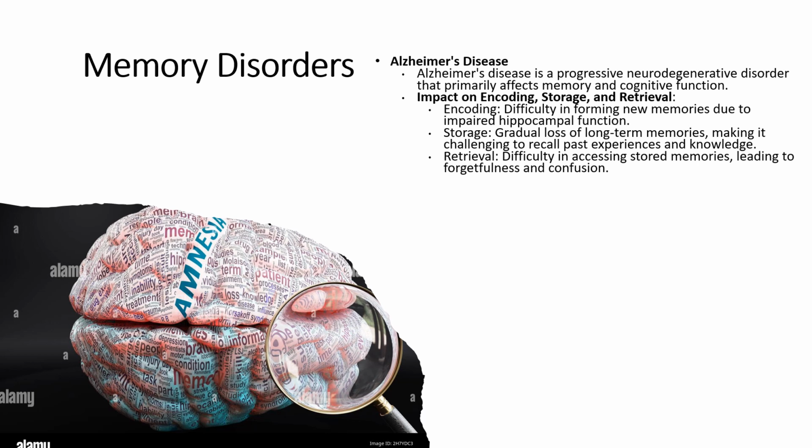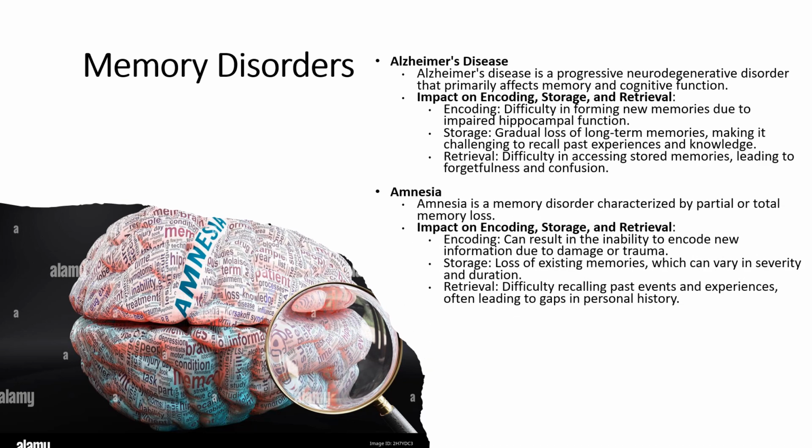Encoding: difficulty forming new memories due to impaired hippocampal function. Storage: gradual loss of long-term memories, making it challenging to recall past experiences and knowledge. Retrieval: difficulty accessing stored memories, leading to forgetfulness and confusion.